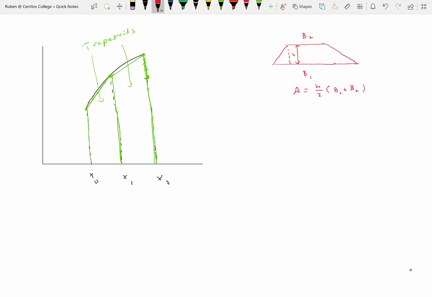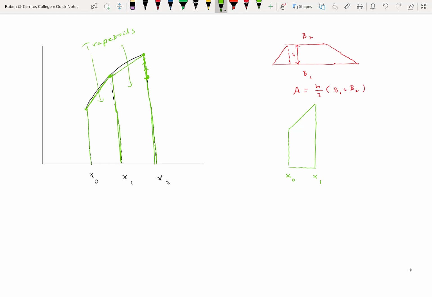Okay. Our trapezoids, the ones pictured in green on the left, are sort of on their side. Let me draw this first one in green. This point is x sub 0, this point is x sub 1. So the bases are now vertical.